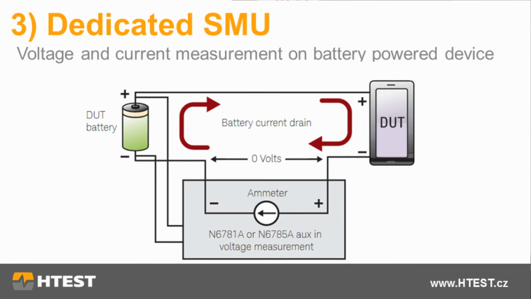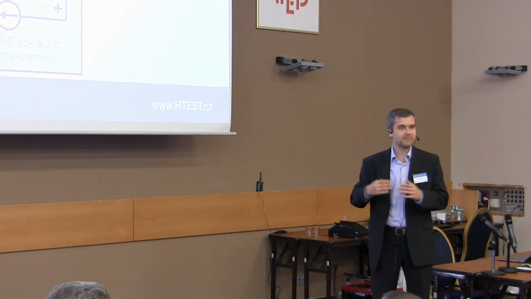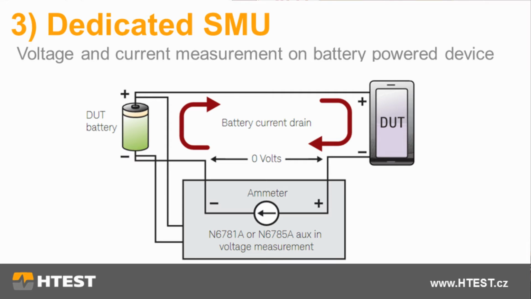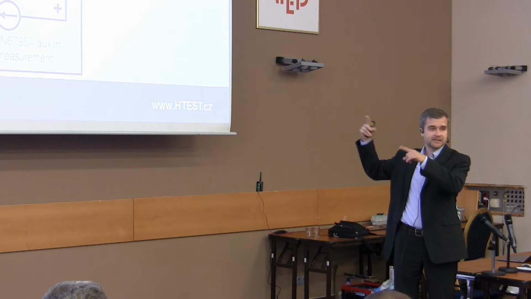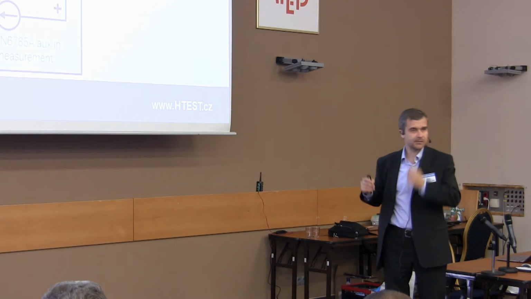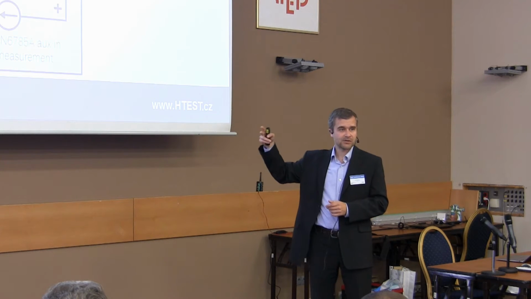The next feature is that you can measure current and voltage with this device and not interfere with the DUT or the measurement. The DUT is really powered from a battery, and the device is just measuring current and doesn't influence the measurement, so there are 0 volts at the inputs. With the separate voltage meter, you can measure voltage.